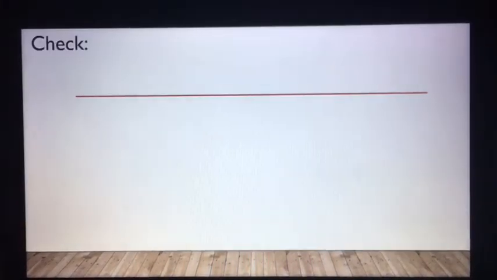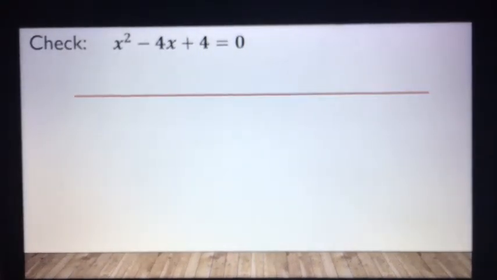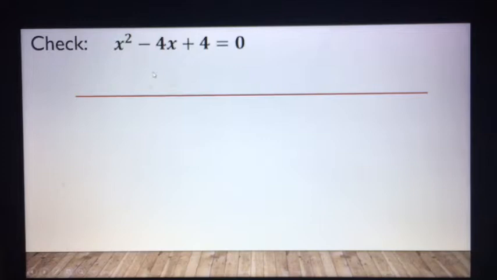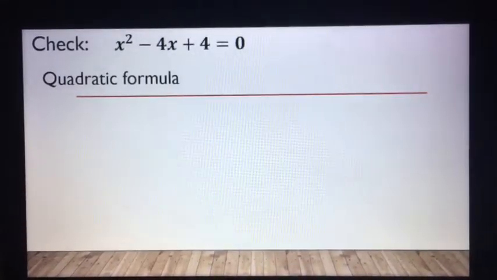So, let us check. Let us check our quadratic equation from earlier, x squared minus 4x plus 4 equals 0. Let us use the quadratic formula.